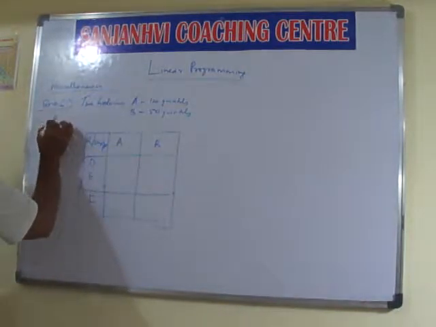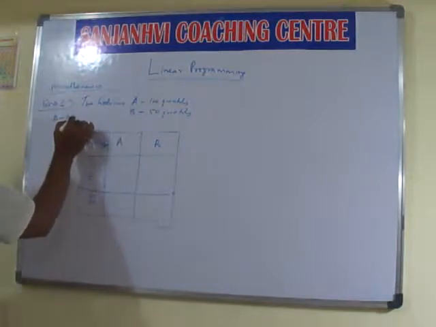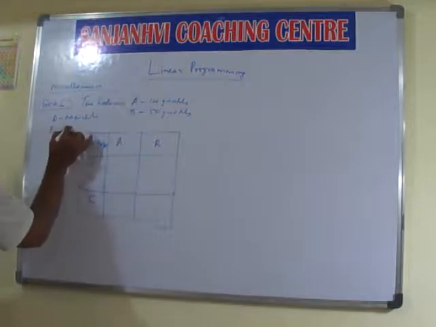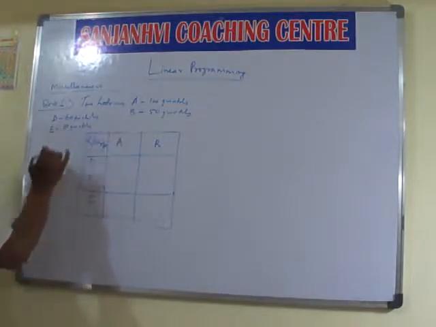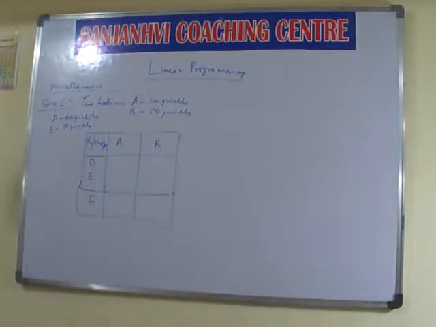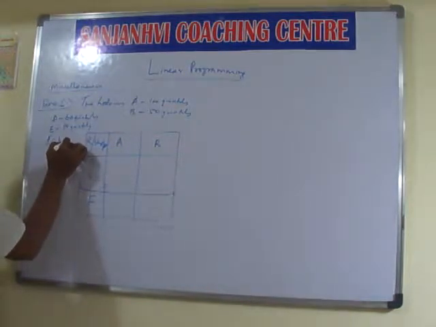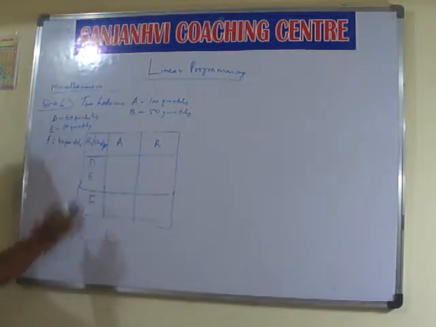For D, 60 quintals. For E, 50. And for F, 40 quintals. It means they need these amounts.